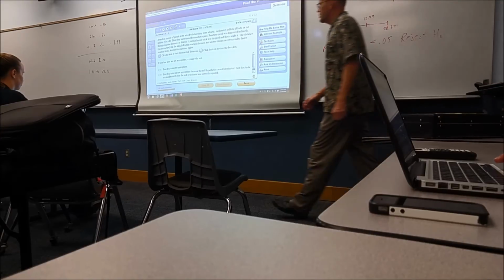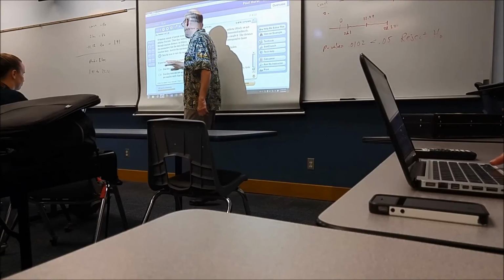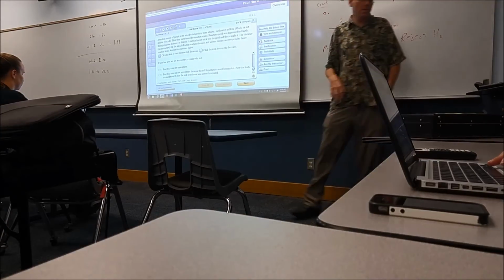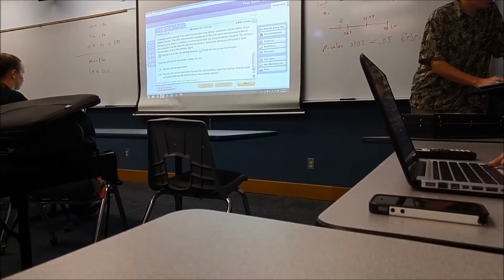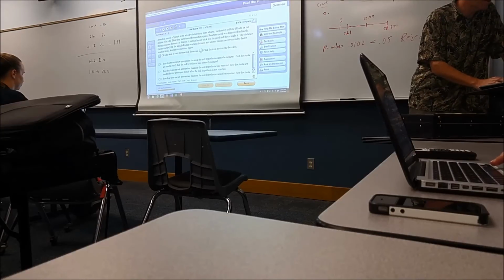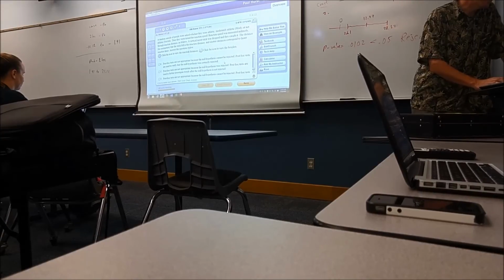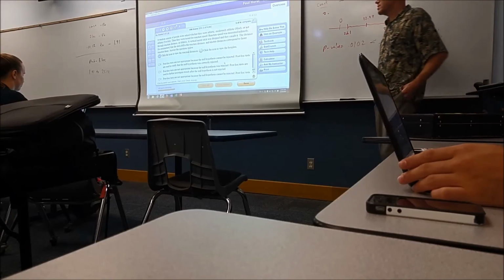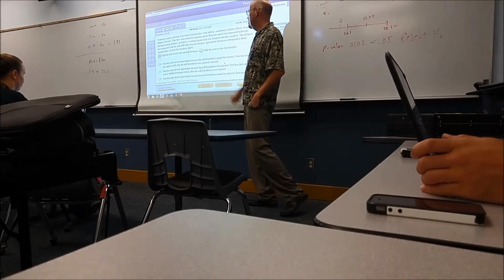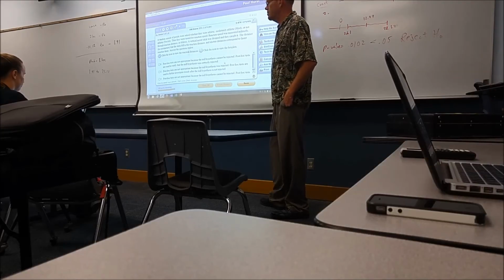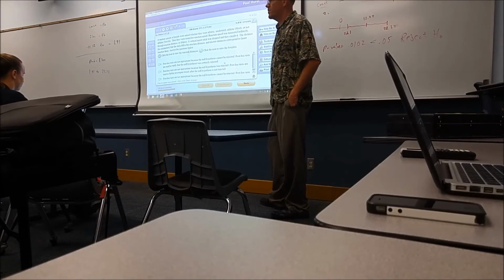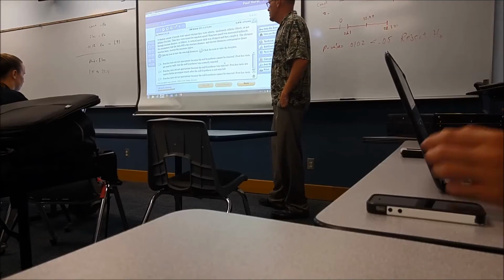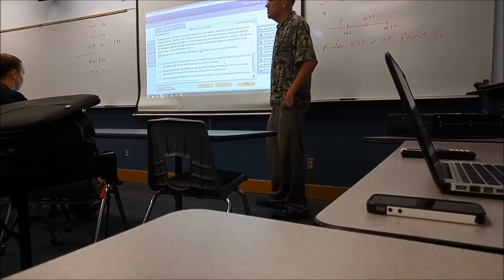Okay, now this is where we get into other trippy. It says, if post hoc tests are not appropriate, explain why not. This is kind of like the reverse from last time. This problem's harder to answer now. Okay, so why is it? Is it because the null hypothesis cannot be rejected, or because the null hypothesis was rejected?